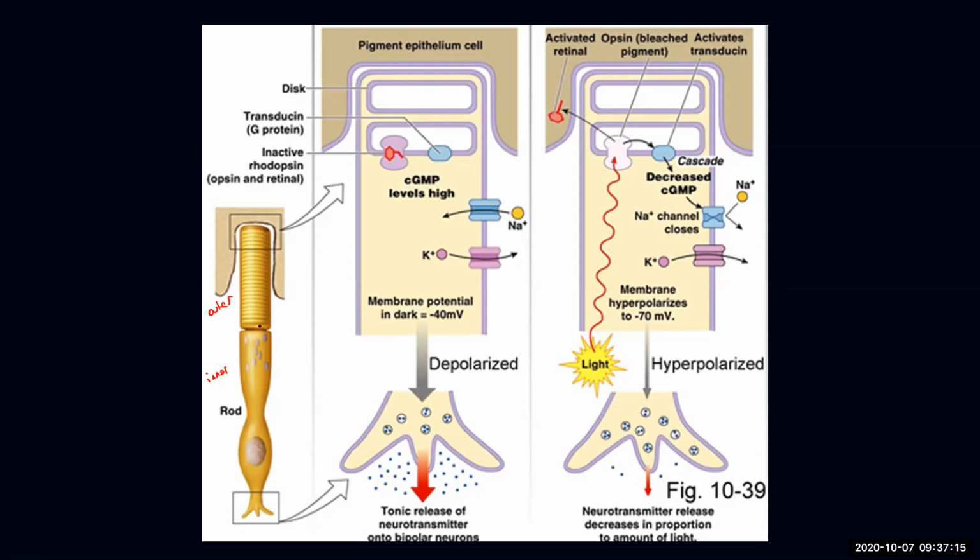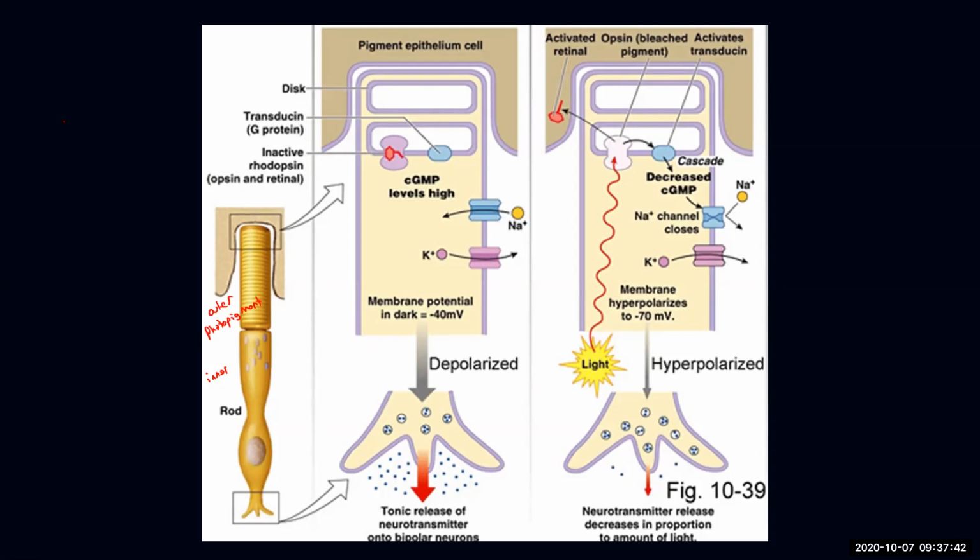Part of it is kind of pinched off a little bit, and this is called the outer segment. This is where the photopigment is. Okay, don't worry about memorizing that. That's just to help you make sense of the diagrams that are coming up. So light transduction occurs in this outer segment. What goes on here is going to affect the membrane potential of the rest of the cell though.